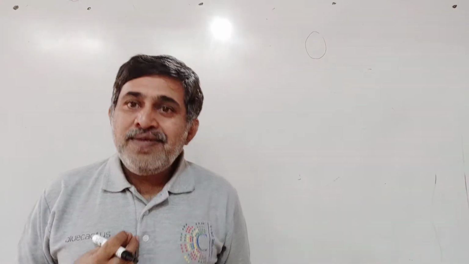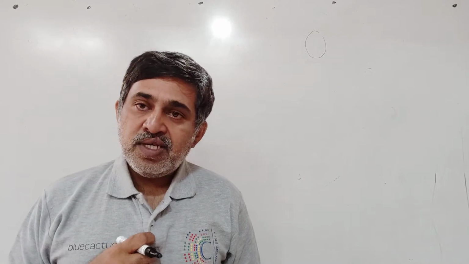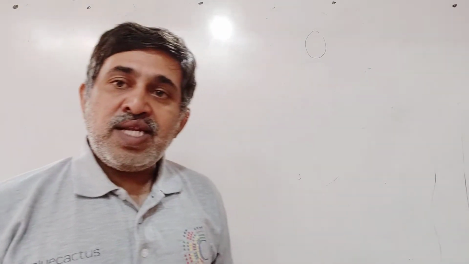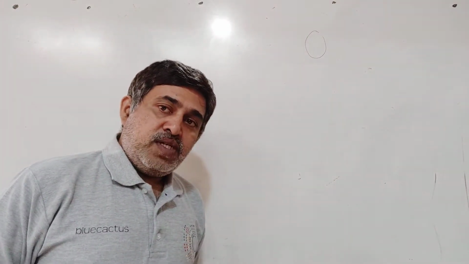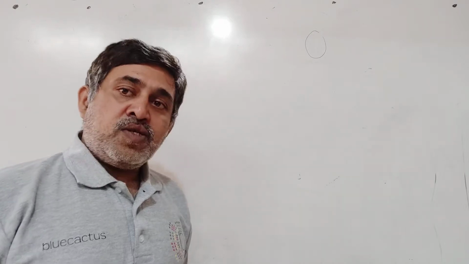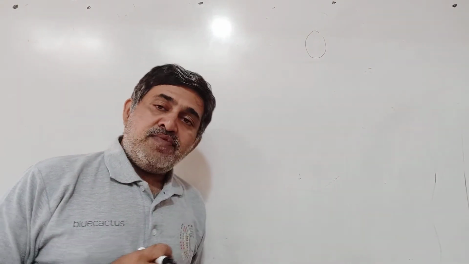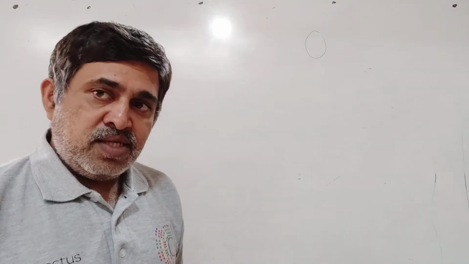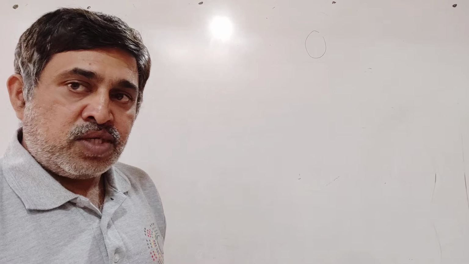Welcome all once again, and let's start with our next topic, that is the next algorithm in the series of process management chapter. In the last video lecture, we have already seen the first algorithm, that is FCFS algorithm, first come first serve algorithm.